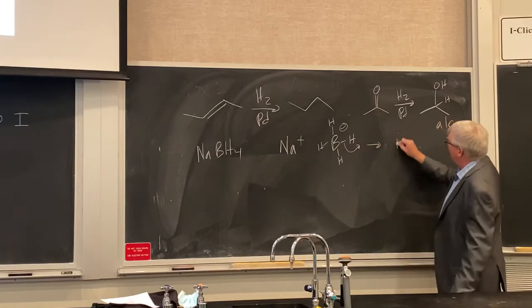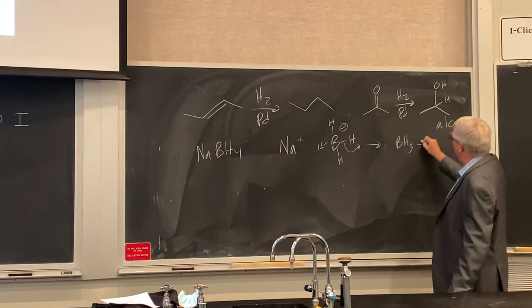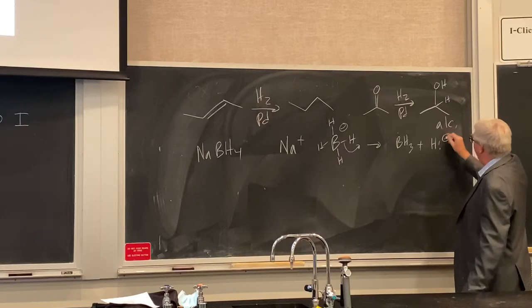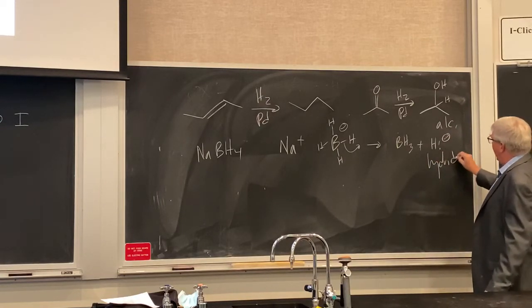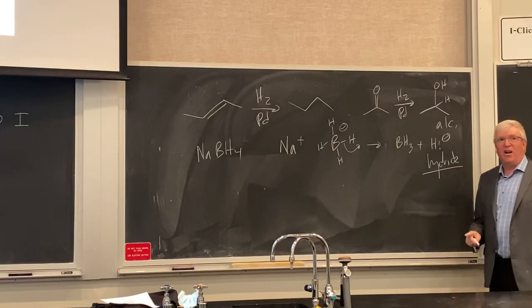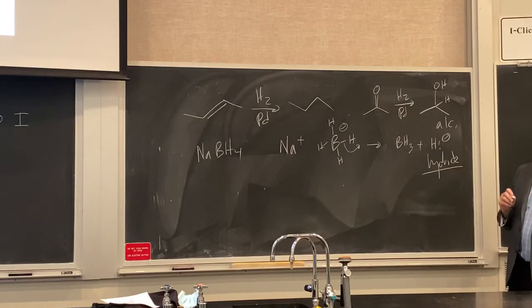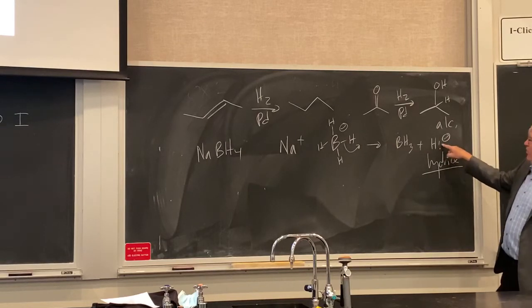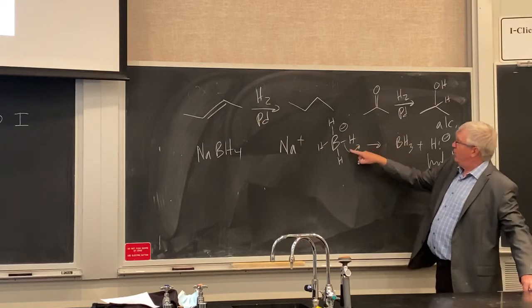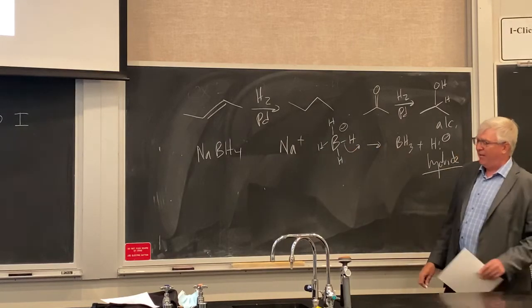You can think of this as going to borane, which is neutral, plus H with a pair of electrons. There's your hydride. And that's what we mean when we say hydride. We're not saying proton or hydronium cation. We're saying hydride, hydrogen with a pair of electrons negatively charged. You can imagine that as the nucleophile. The true nucleophile is this. We'll get into the mechanism and you'll see how that adds.